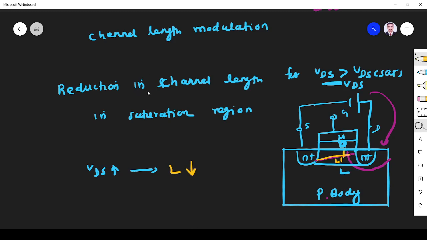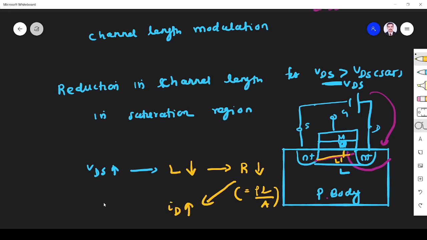So the reduction in channel length, if VDS is greater than VDS sat in the saturation region, is known as channel length modulation. When length decreases, what will happen to resistance? Resistance will decrease because R is equal to rho L by A. So when length decreases, resistance decreases. Clear? So when resistance decreases, what happens to current? Current will increase.